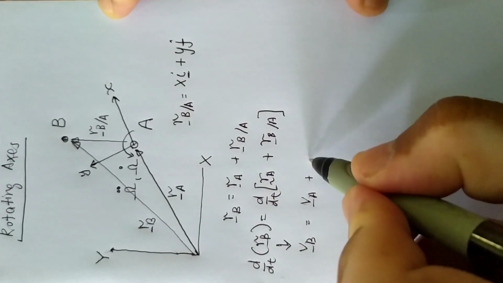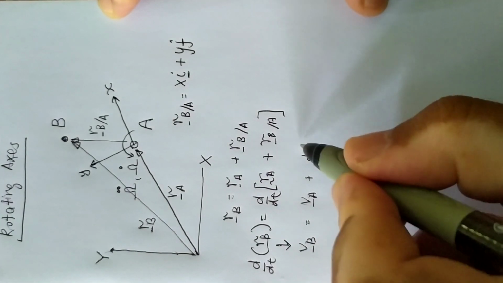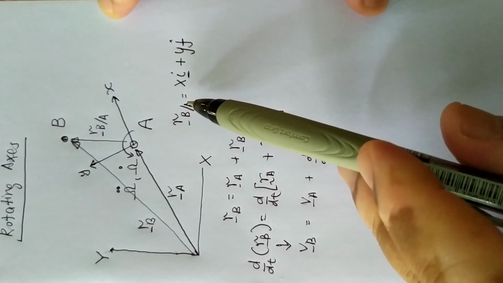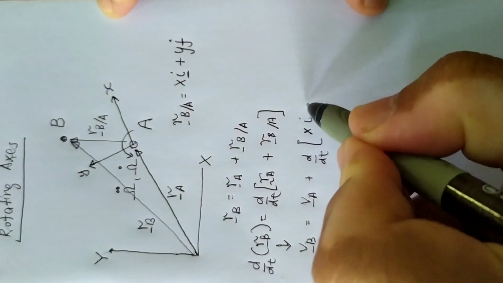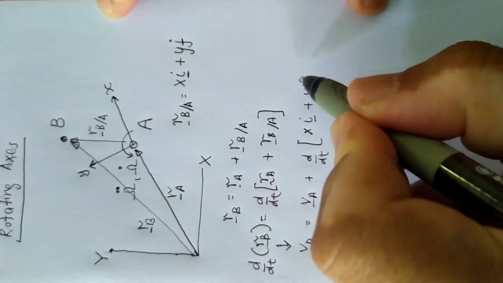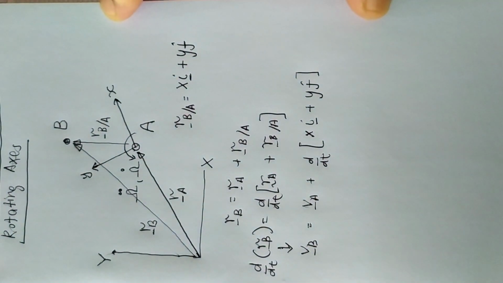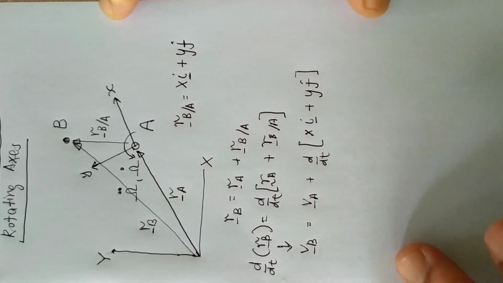Then we concentrate on replacing the last term with the representation xi plus yj and differentiate term by term.